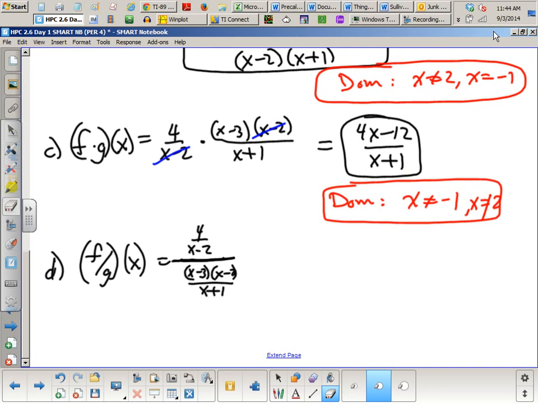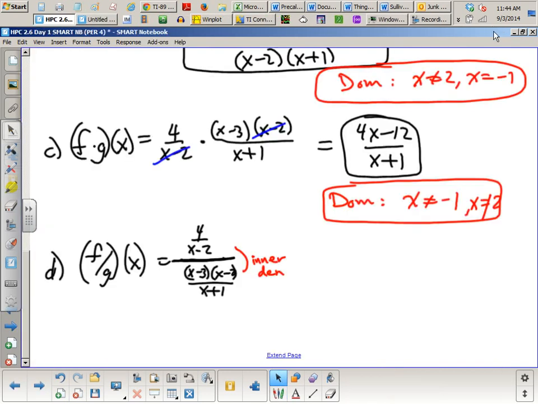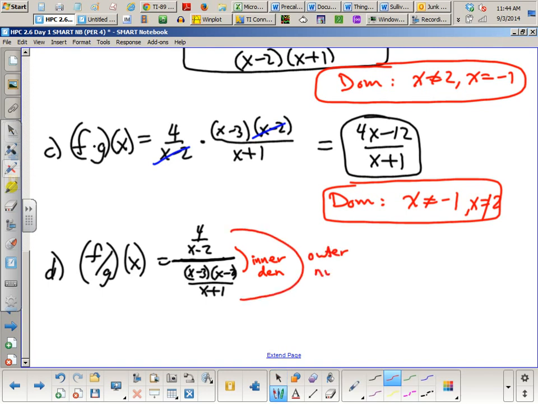So how many of you had Miss Chen? Okay, so she had a rule where you take these two, the inner ones, and those are your denominator. The inner is the denominator, and the outers here are your numerator. It's a good rule. It'll just save you some time.